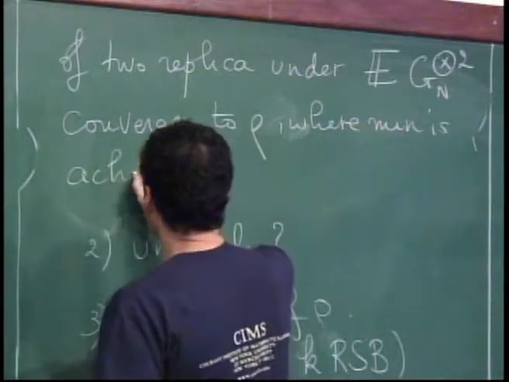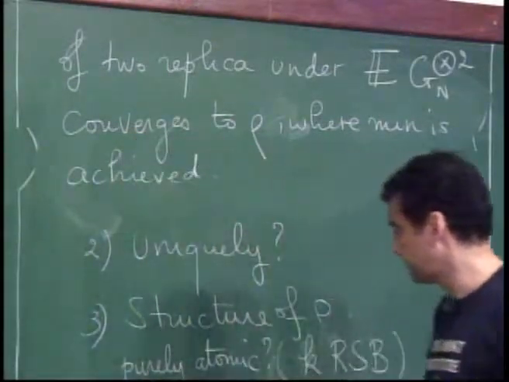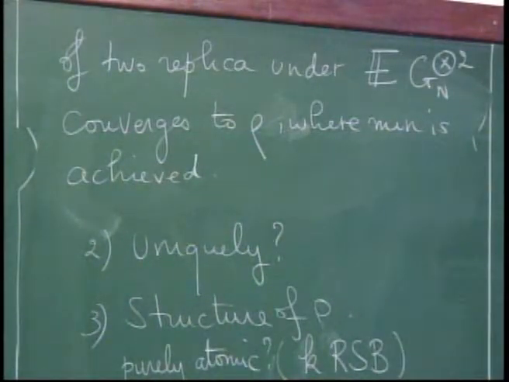So this Parisi measure is indeed, in this case, unique, well-defined, and is the limit of the overlap. Right? So the interpretation is correct.